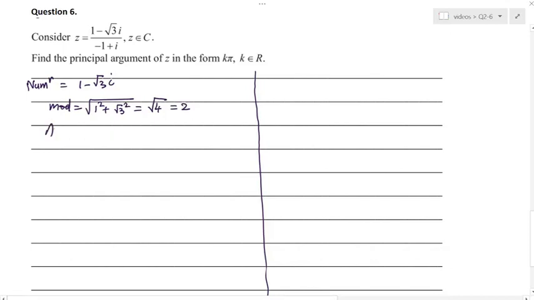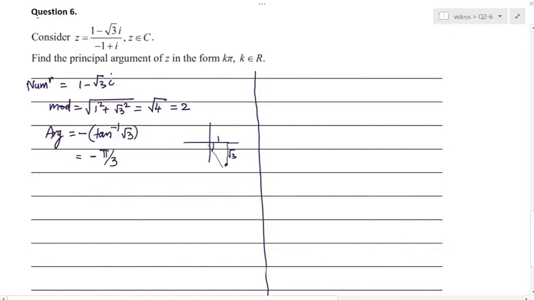As always, I recommend that you draw the diagram first, so that you know in what quadrant your complex number is. 1, minus root 3 is here, so this is root 3, that is 1, and I can see that this angle is pi over 3. So arg is equal to minus tan inverse root 3, which is equal to minus pi over 3.